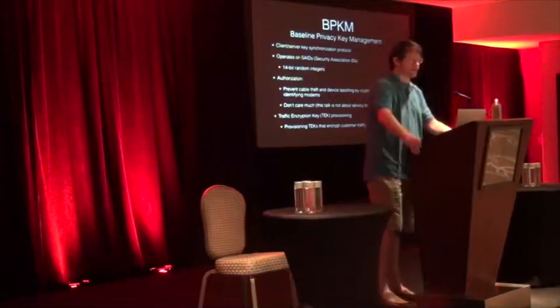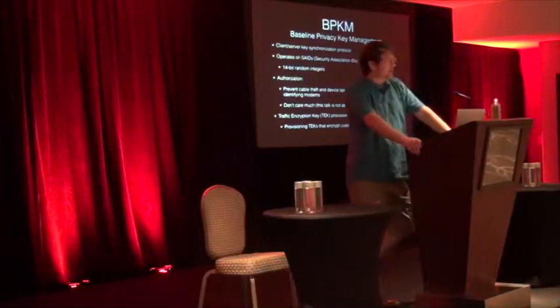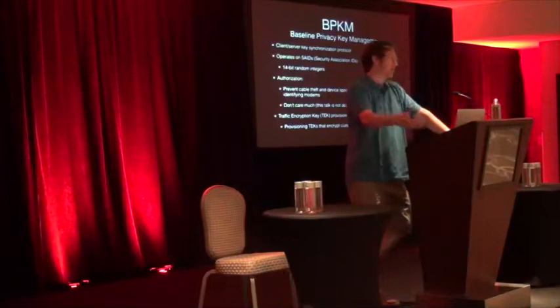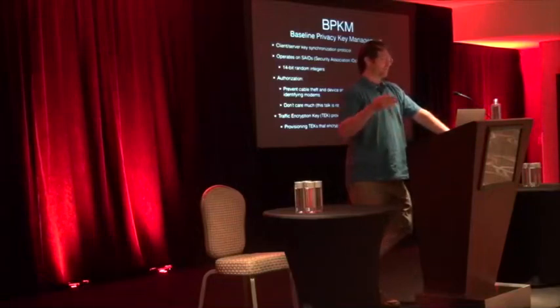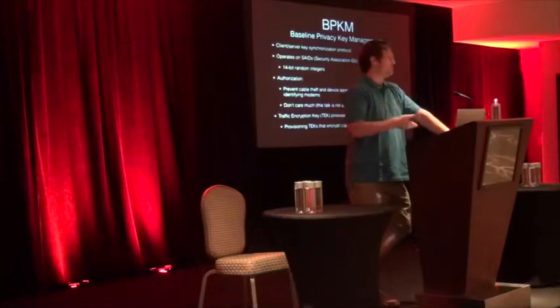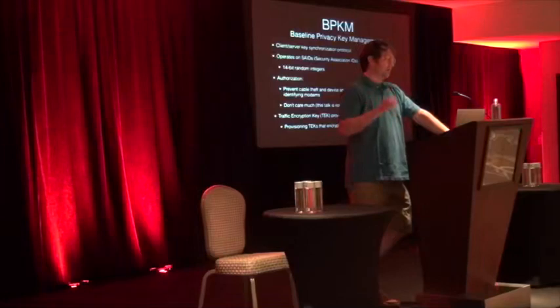The first is authorization. And obviously cable ISPs care a lot about this because they want to prevent cable theft. And one way to do cable theft is by spoofing. By cryptographically identifying modems using a certificate that's embedded on the modem that goes up to a trusted CA, they can ensure that you can't spoof your neighbor's modem just with his MAC address.